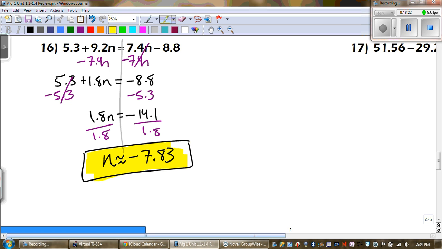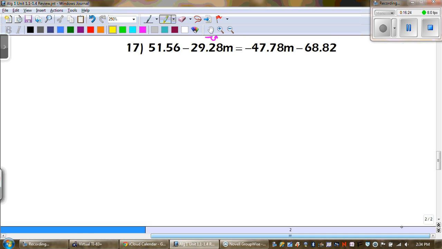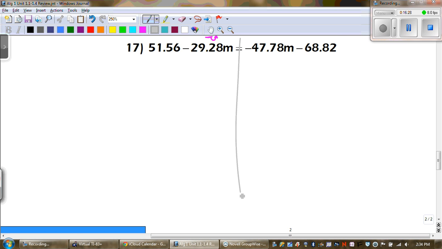All right, last one. Bigger numbers, I'll be nice, we'll do this one together. Okay? Now, look to see which variable is the smallest, and we're going to move that to the other side. Those cancel.